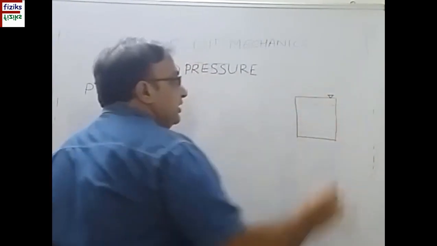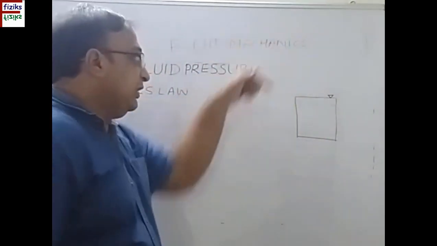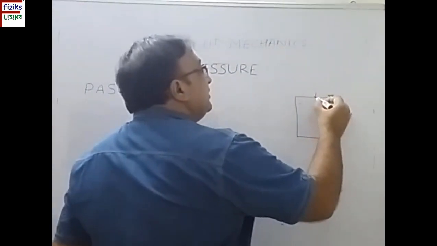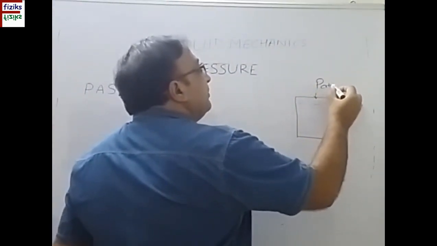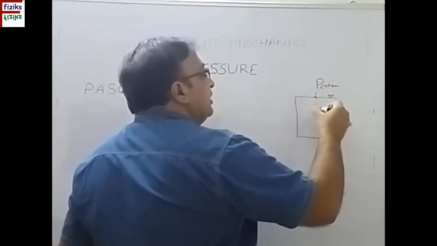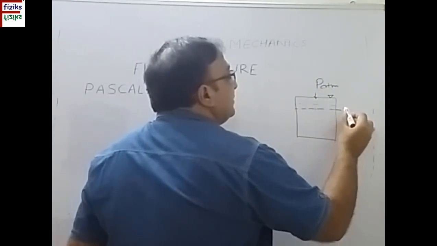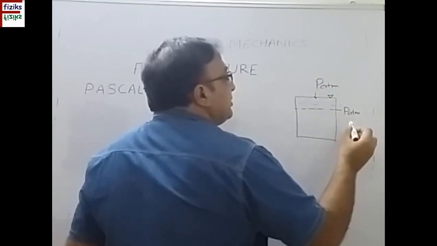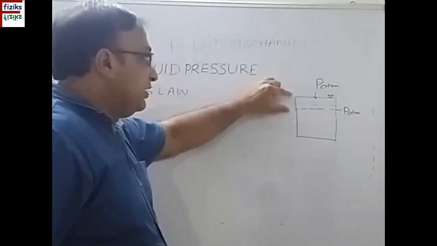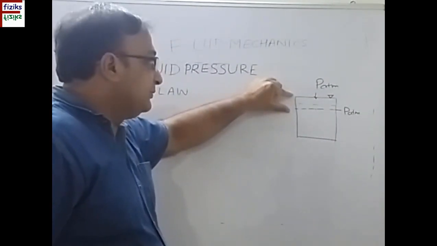The pressure exerted at any point on this surface is because of the atmosphere. Here the pressure is atmospheric pressure. If I move to some other point inside the fluid, then the pressure at this surface is atmospheric pressure plus the pressure exerted by the fluid above this line or above this surface.